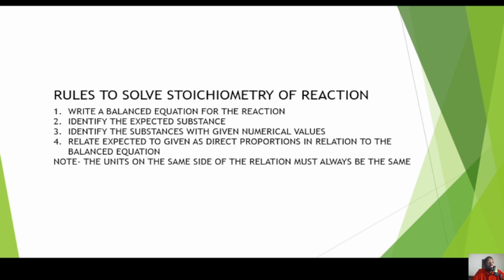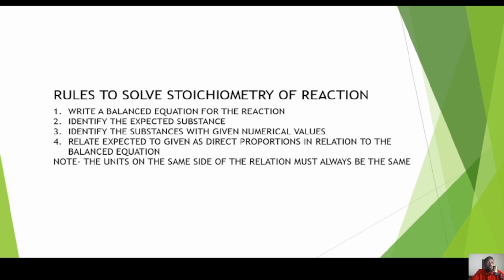After you are done writing the balanced equation, the next thing you are going to likely do is to identify the expected substance. The expected substance is that particular substance you are asked to find in the question. So if I had a question, what is the number of moles of hydrogen that will react with 2 moles of oxygen? Remember that you are asked to find hydrogen, so that is your expected.